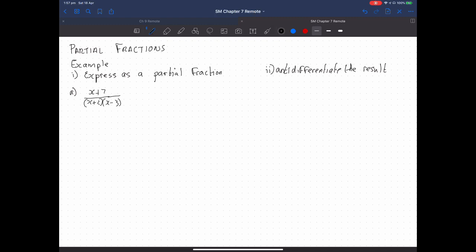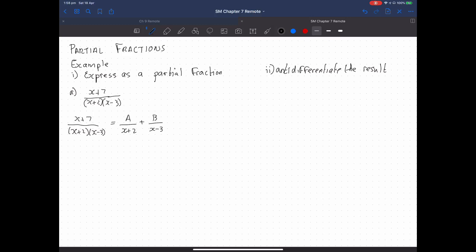What we can say is (x + 7) / ((x + 2)(x - 3)) is equivalent to a/(x + 2) + b/(x - 3).